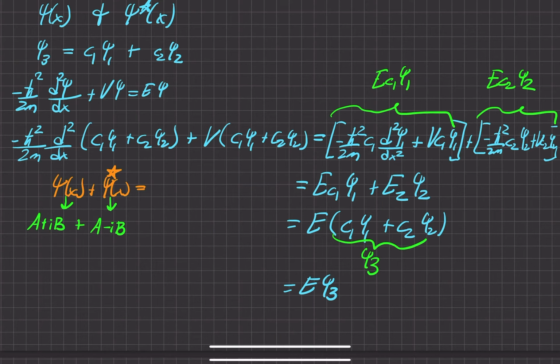If you add those together, that would be 2a, right? So that's real. That's the whole part of the question that he was asked. He said to show that the solution to the time-independent wave function can always be considered to be real because it can be expressed as a linear combination of other solutions that are real and complex.